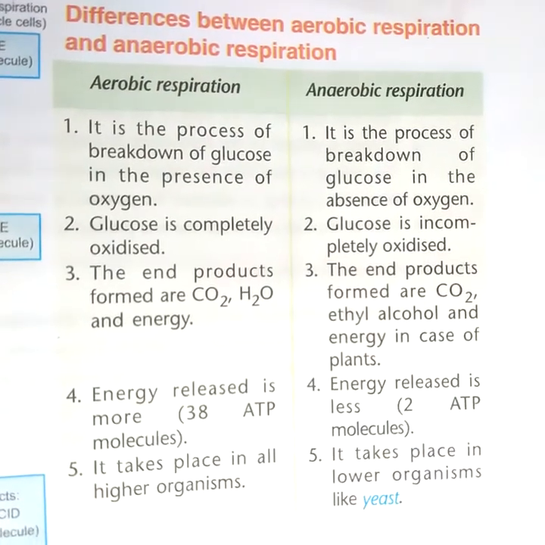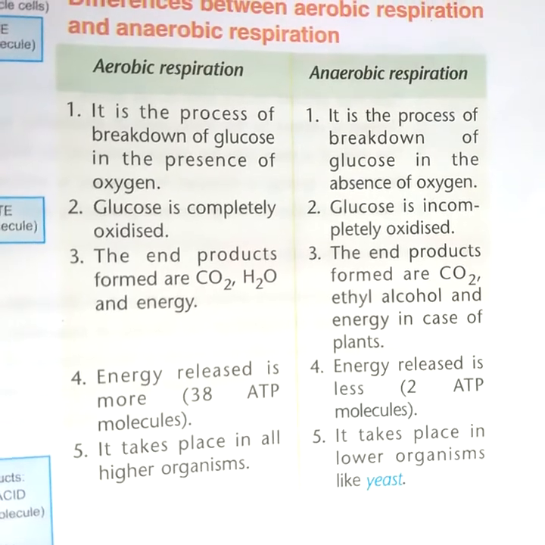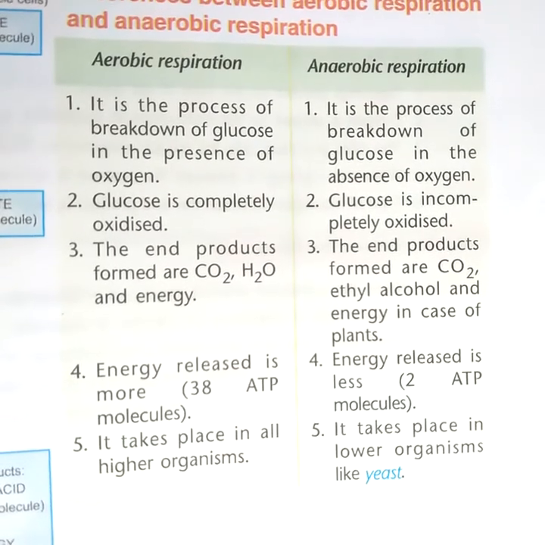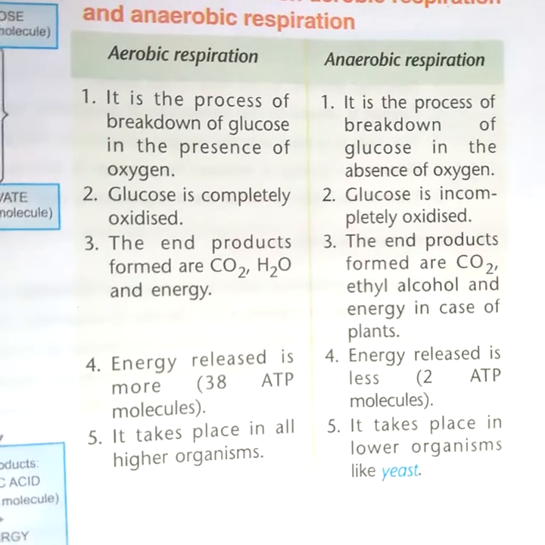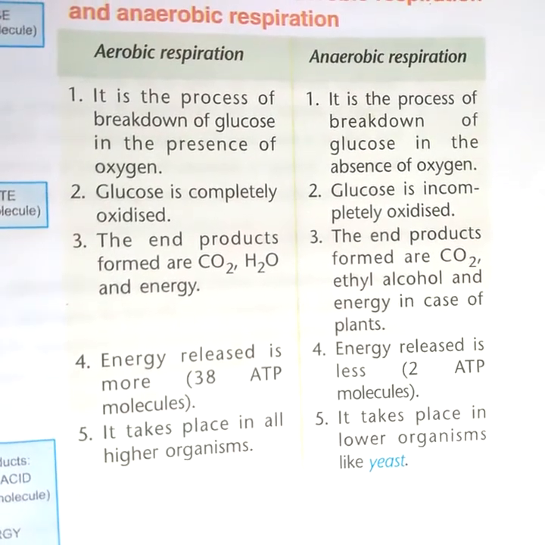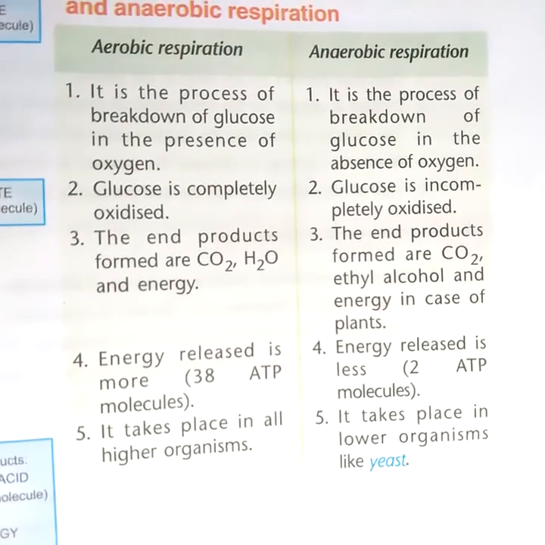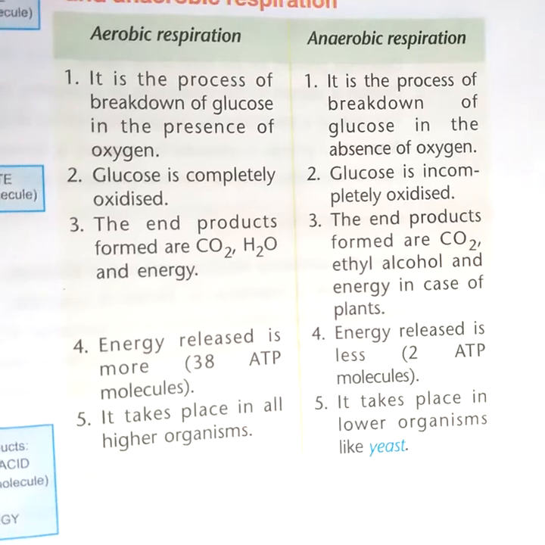Point number 3, the end products of aerobic respiration are carbon dioxide, water and energy. Point number 3 of anaerobic respiration, the end products are carbon dioxide, ethyl alcohol and energy in case of yeast or bacteria.